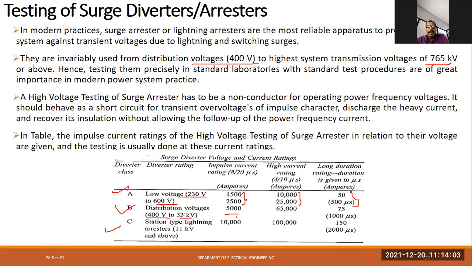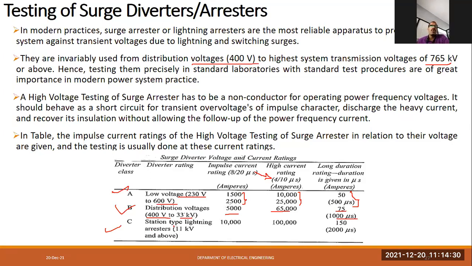In that range, around 5,000 ampere for a duration of 8 by 20 microseconds, and 65,000 ampere for the high current rating, for 4 by 10 microseconds, which is almost half the time. The long duration is 75 microseconds to 1000 microseconds, so that is again increased. And the last one is the station type lightning arresters.